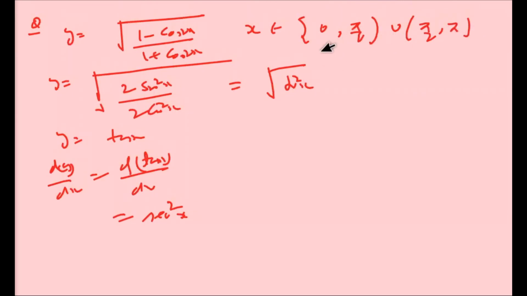Including this domain, you can find this answer, so no problem. You have to learn this formula directly, tan x to sec square x, then there is no problem if you use it. So students, sec square x.